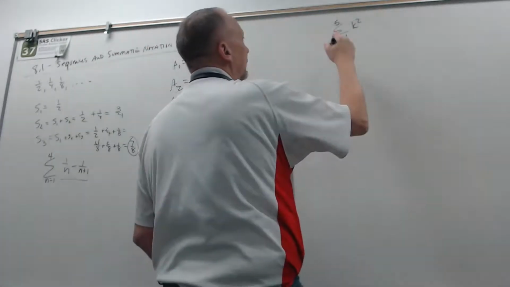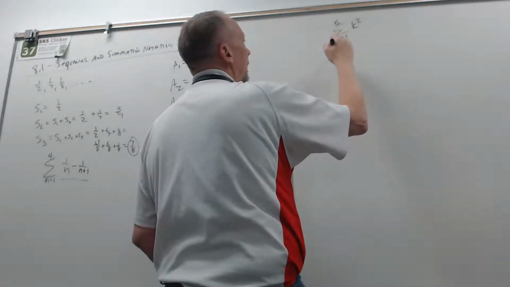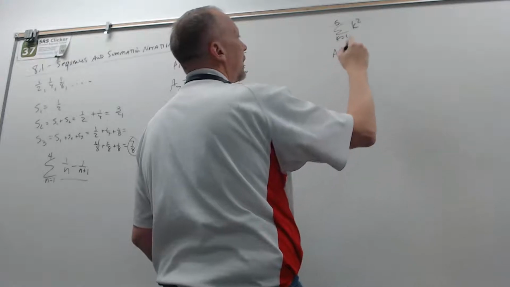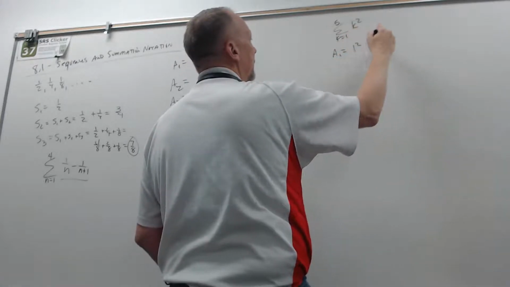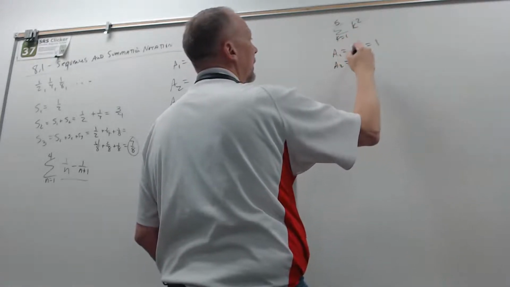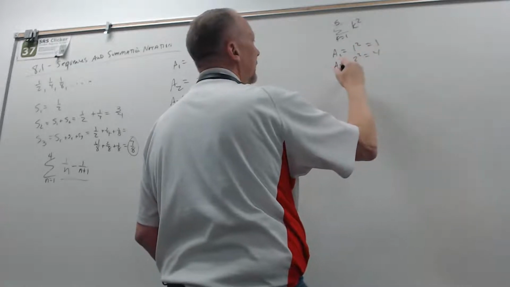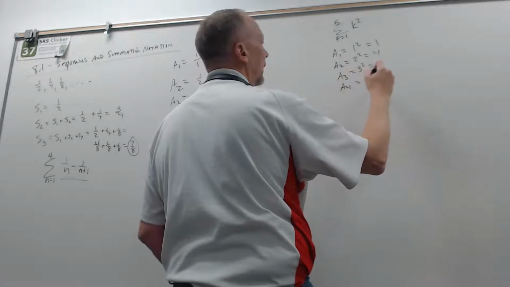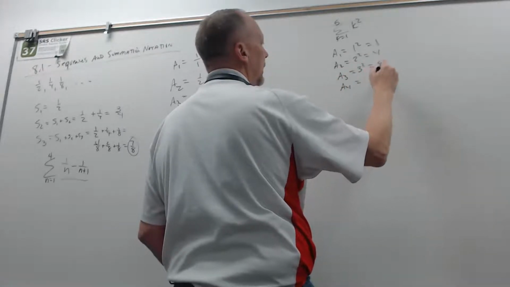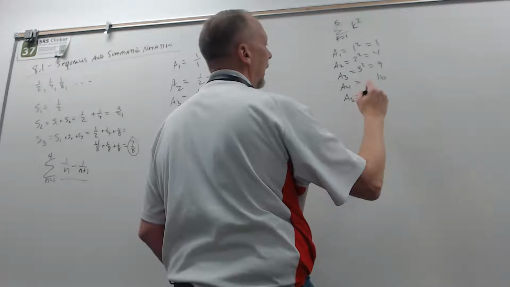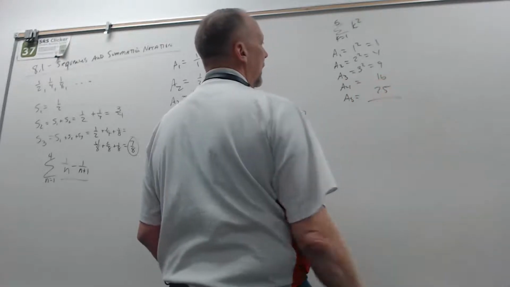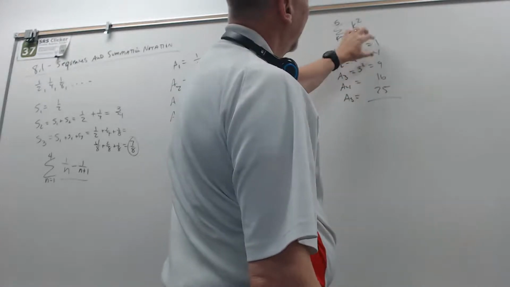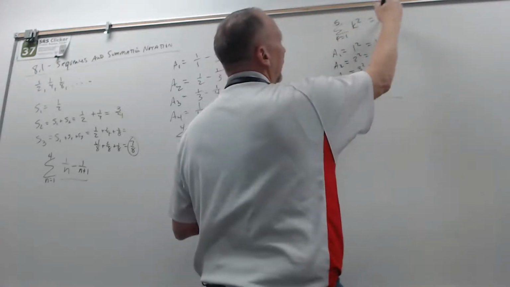You have to find what a sub 1 would equal: 1 squared, which equals 1. A sub 2, 2 squared equals 4. A sub 3, 3 squared is 9. A sub 4, 16. A sub 5, 25. So we can add those up. 25 and 30 is 55, right? So this would equal 55.